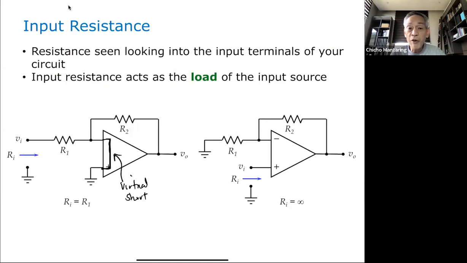So from the perspective of input resistance, if I want to preserve my input signal, your non-inverting amplifier is a very nice amplifier. Your inverting amplifier, meron kang konting input resistance. Anyway, that's also what you will base your selection of R1 and R2 on. You also select R1 and R2 based on what you want your input resistance to be. Okay. Any questions?